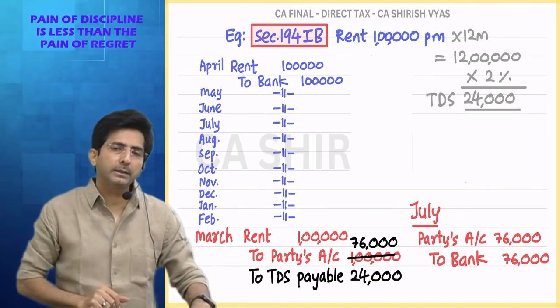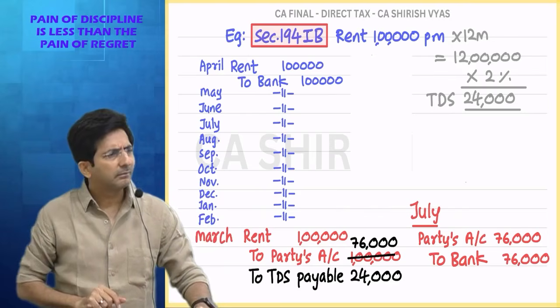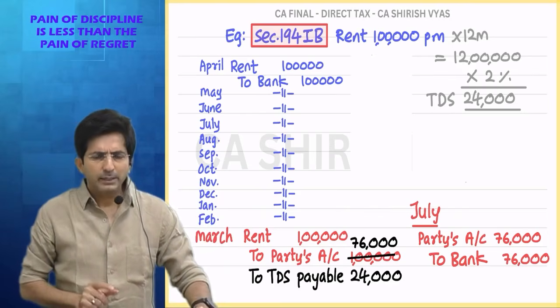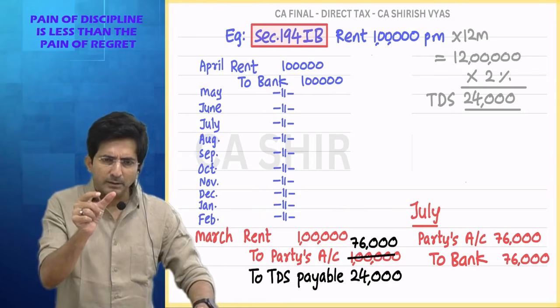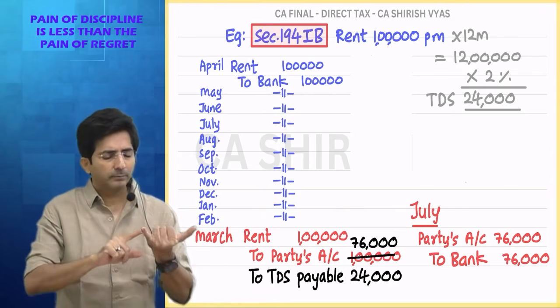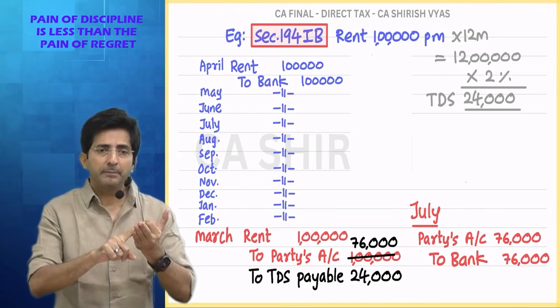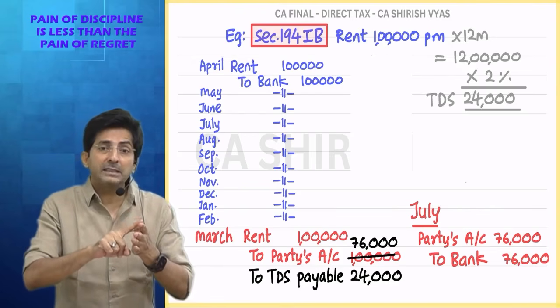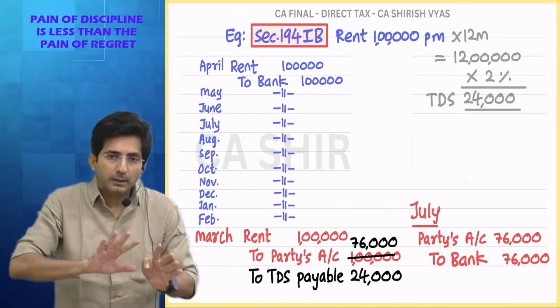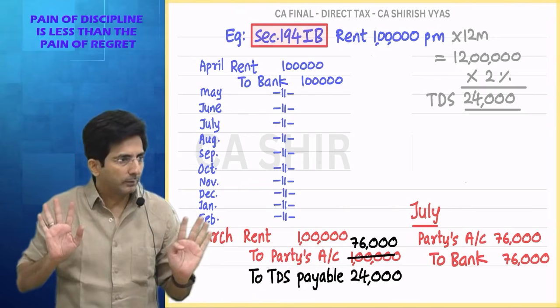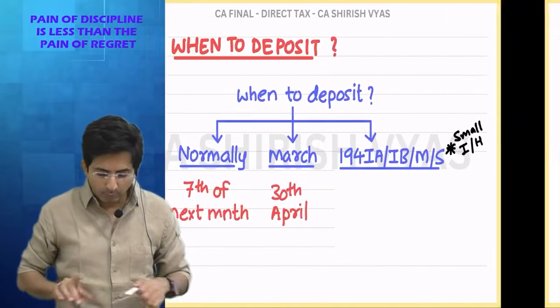So when will I deposit TDS? 30th September. In short, 7th of next month doesn't apply to IB, IA, 194M and 194S if it is a purchase of cryptocurrency by small individual HUF. See, that's what I've written here. Look at this.